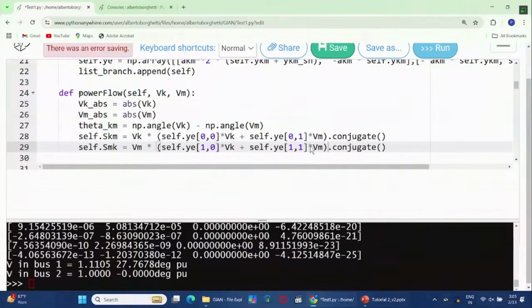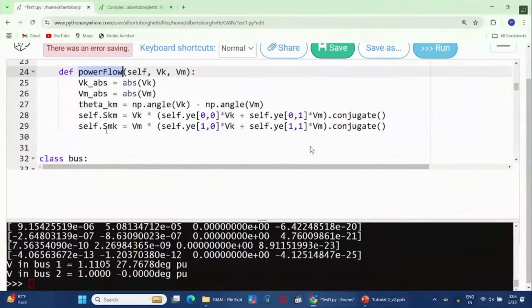So I will just put this information here in the back. So power flow, I define this function. Hopefully this function provides self SKM and self SMK, that are the power at the two terminals of the line.